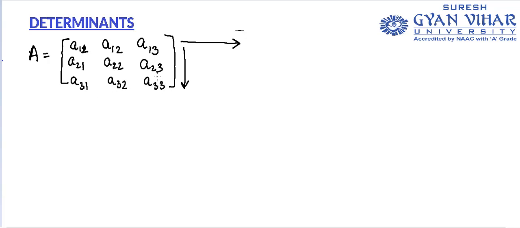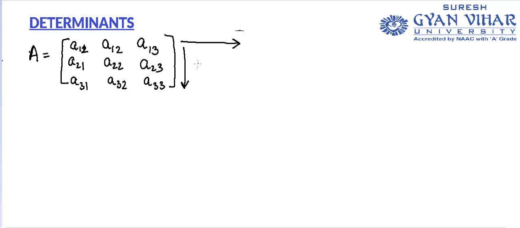It will be much more convenient for you to understand if we take an example. You can remember any one method. I'll be showing you the method which is expansion through row 1, because in exams you will be asked to find the determinant. You can use any method to find the determinant.